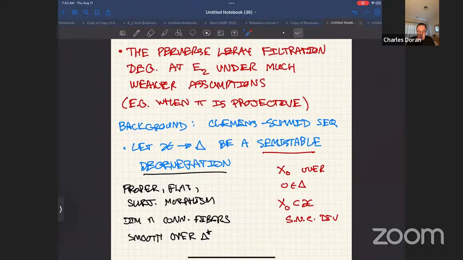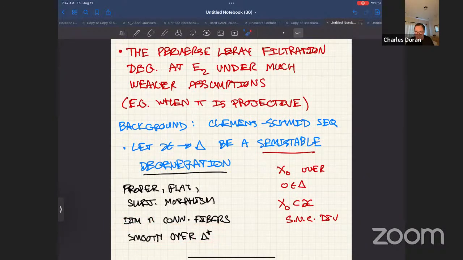Okay, so what about the Clemens-Schmid sequence? What is that? Well, if you let X over a disk be any semi-stable degeneration, so what do I mean by that? Well, the degeneration is going to be a proper flat surjective morphism from a Kähler manifold of dimension n with connected fibers, smooth over the punctured disk.